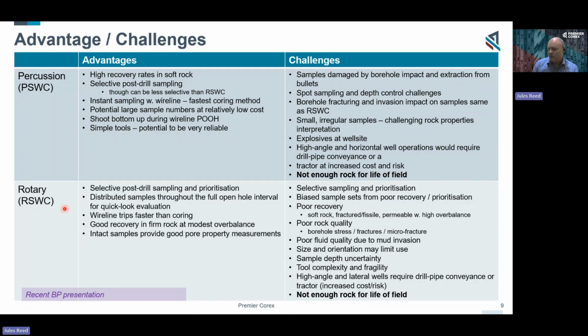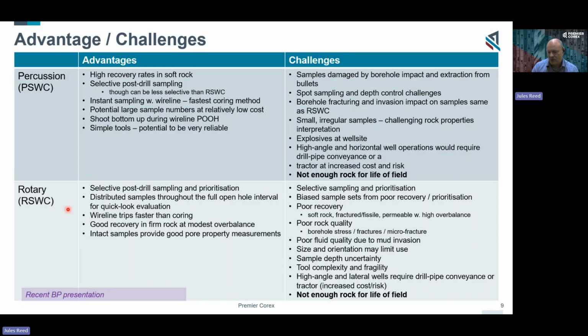For both percussion and rotary, there can be a selective post-drilling sampling, so that from the wireline process you can get your formation data, and then choose your sampling points where you want to take those samples, depending on when the sidewall core process is acquired. It's done generally alongside wireline, so it's potentially part of a wireline tool.